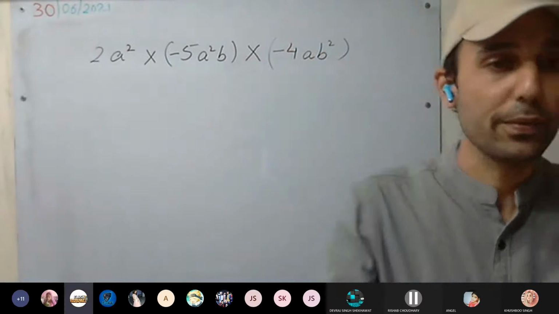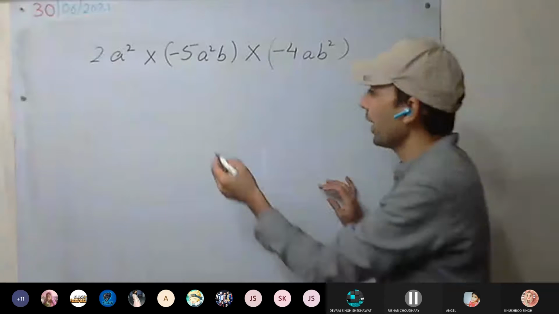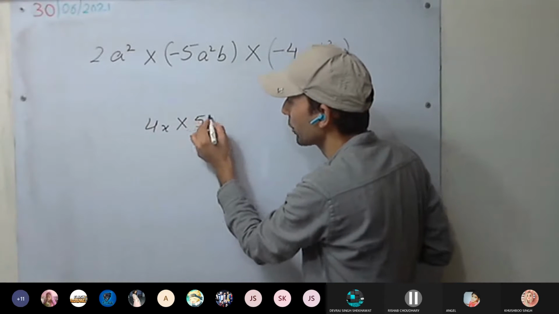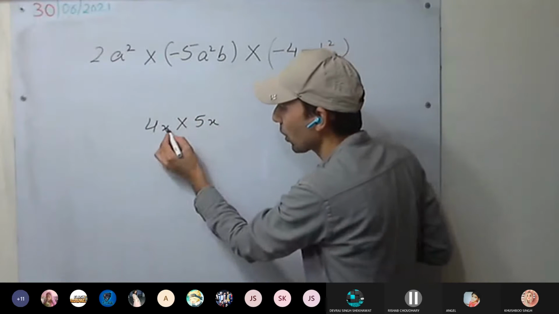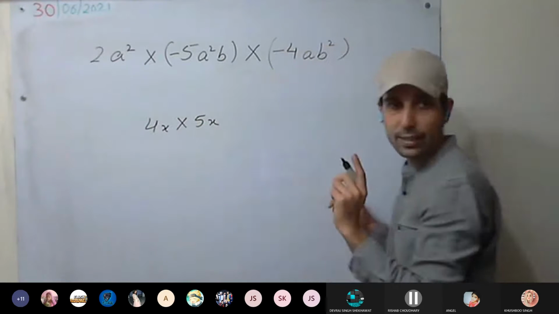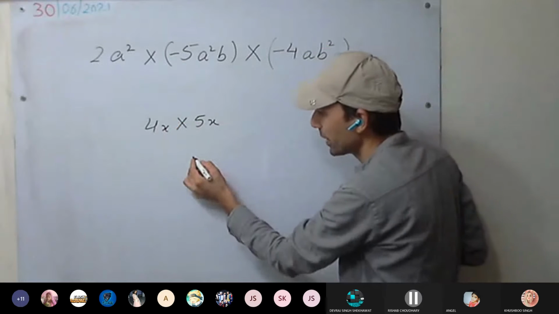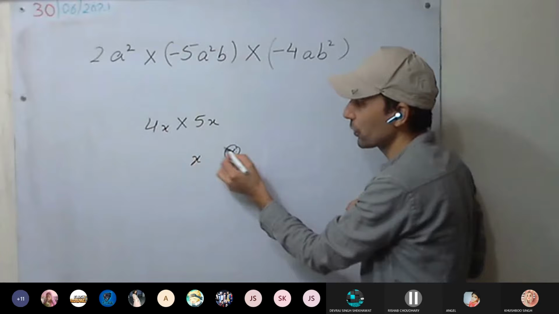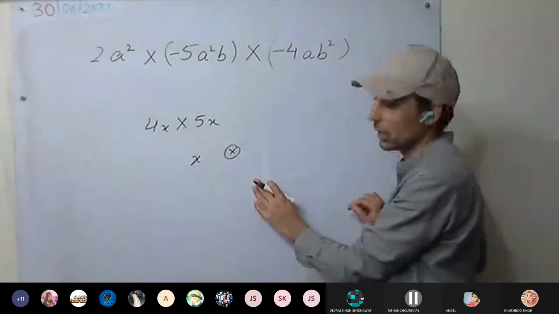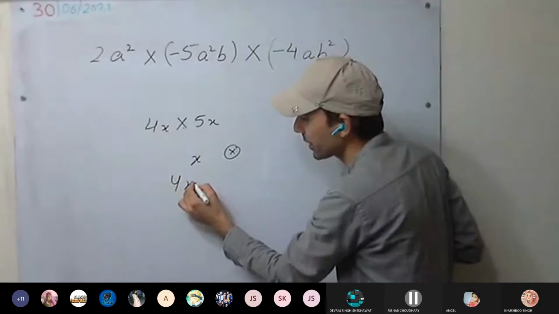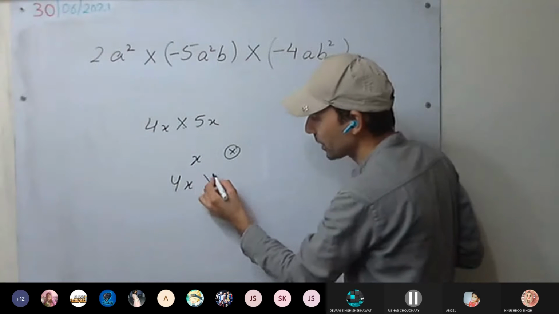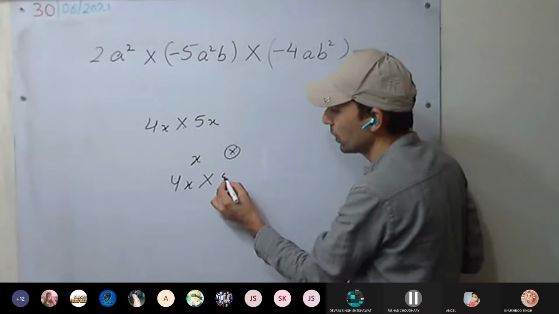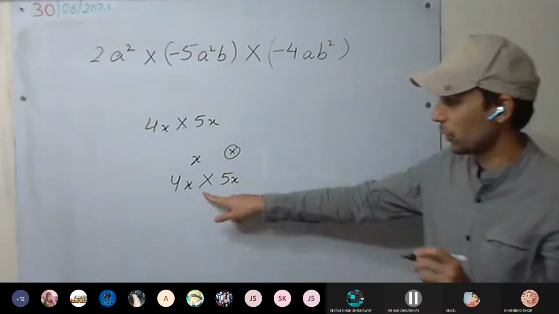Always remember one thing: like when you are writing 4x into 5x, always differentiate between x and the multiplication cross. Don't write x like this, or you may confuse it with multiplication. Write x like this, and write multiplication a little bit bigger, of the size of the constants.